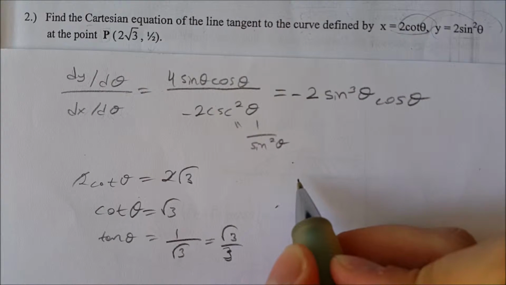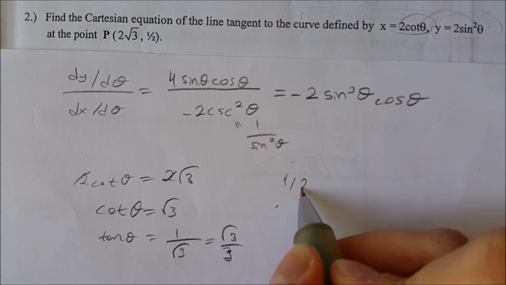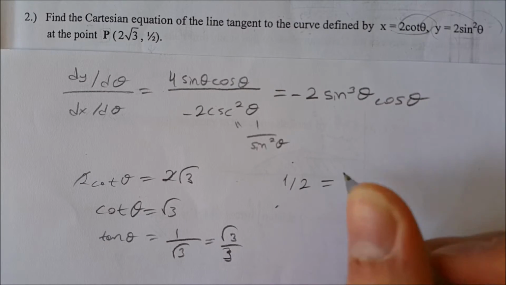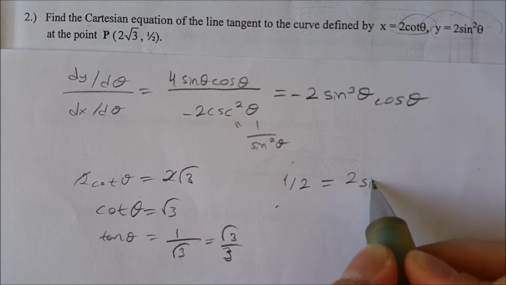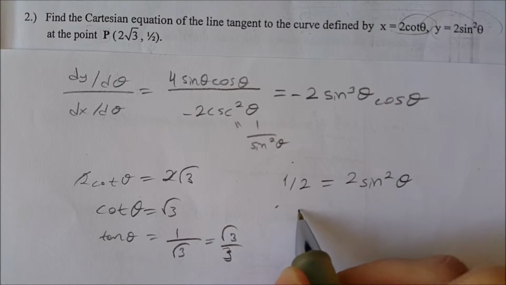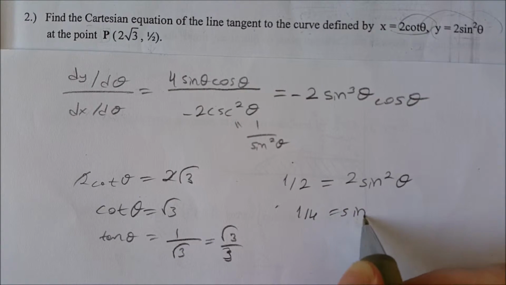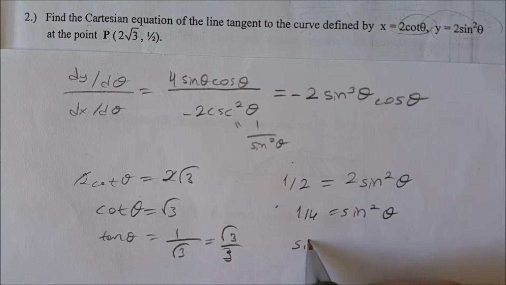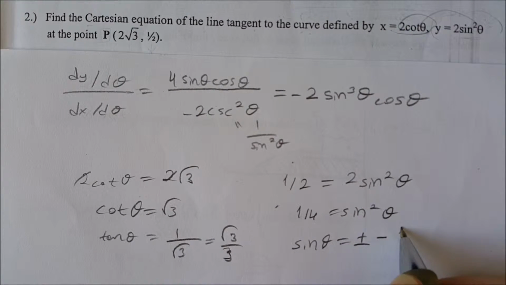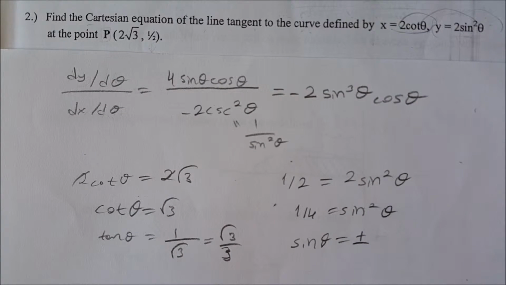On the other hand, our y coordinate is equal to 1 over 2, as it's given, which is equal to 2 sine squared theta. So 1 over 4 is sine squared theta. So our sine theta is plus or minus 1 over 2.